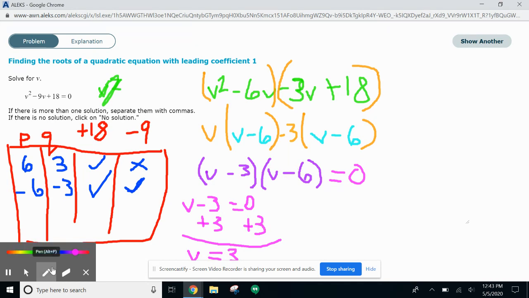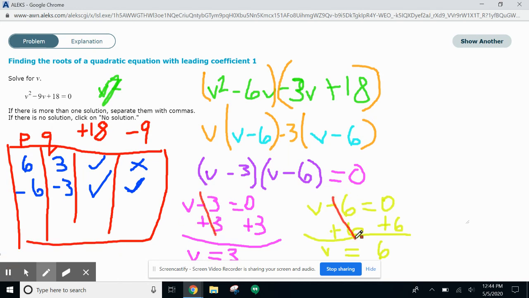I'll do the same for V minus 6. When I make that zero pair, I get the opposite of what I started with, so the opposite is positive 6. So my roots are 3 comma 6 as my answer.